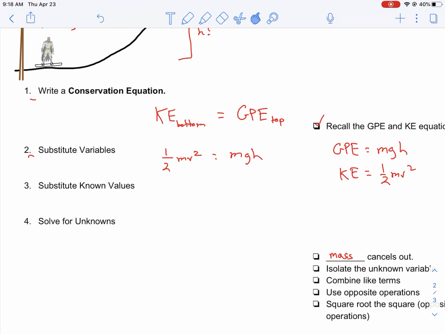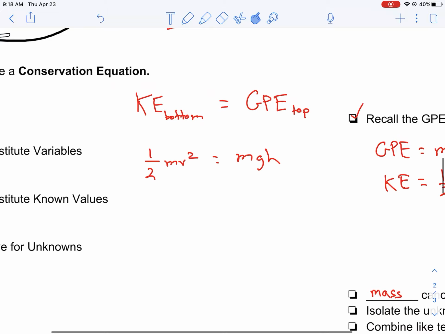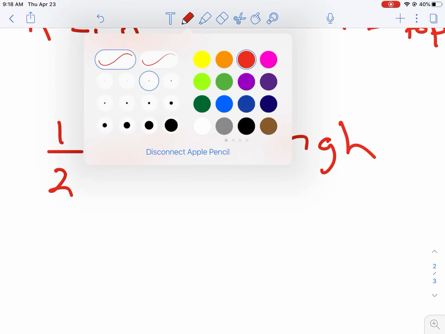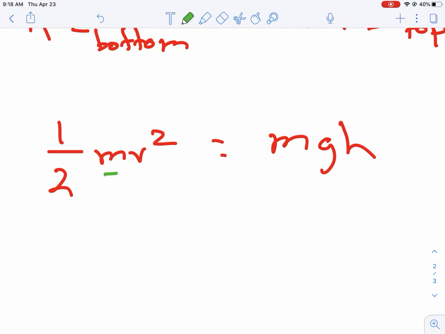Now we're going to substitute the known values. Actually, one thing we could do at this step is to recognize something. We could have done this last time, but I didn't want to add something new. Look at this. We got mass on this side and mass on that side. Let's think about this for a second.